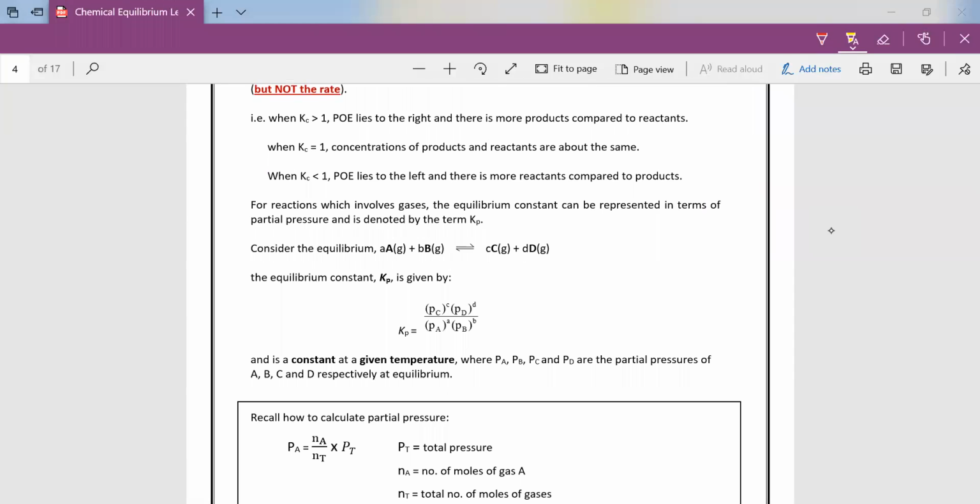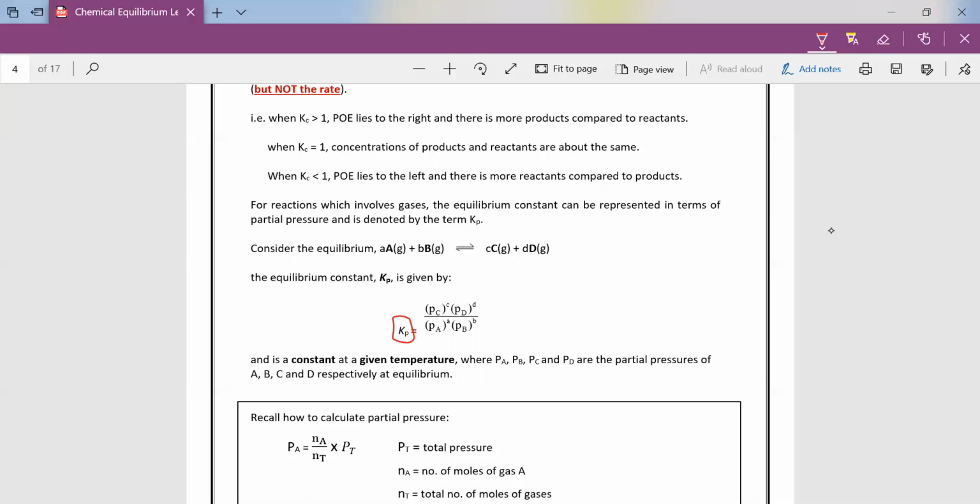For reactions which involve gases, obviously they are all going to be in the gaseous state. Our Kc can be represented in terms of partial pressure, and this particular equilibrium constant we will call Kp.